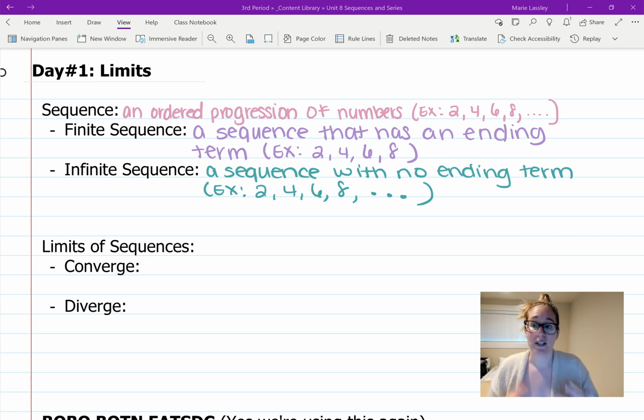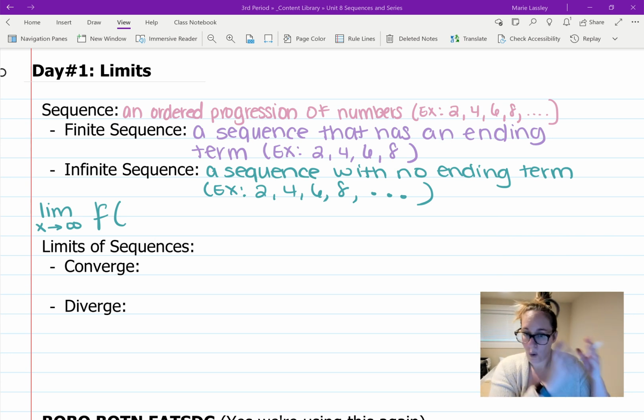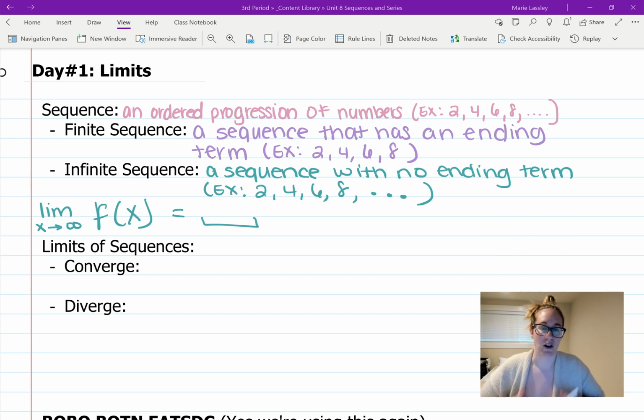All right, and the notation for limits, you have the LIM. So limit as x goes to either positive or negative infinity, we'll just do positive infinity, of some function, equals, and then you say what it's going to. Could be a number, like 1, 2, -7, whatever, could be infinity.